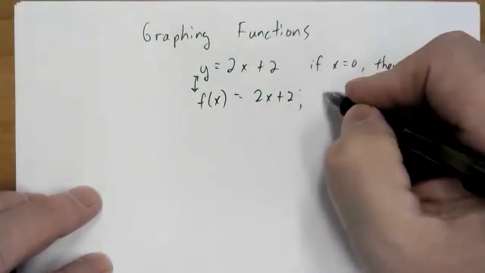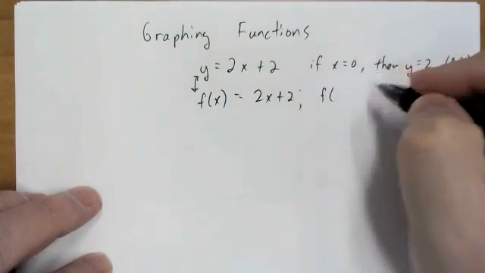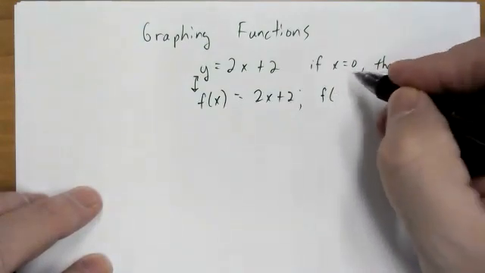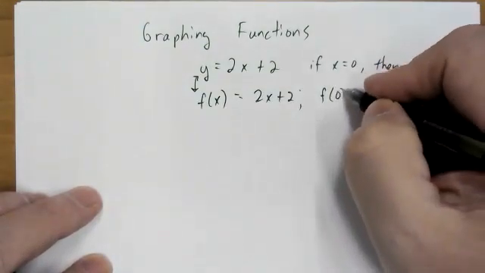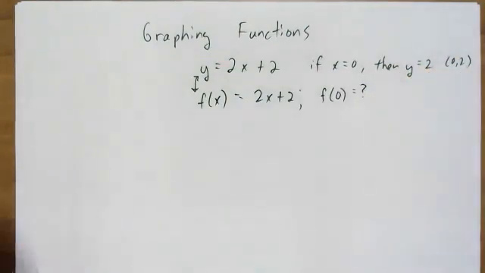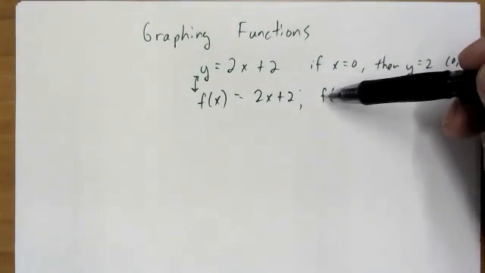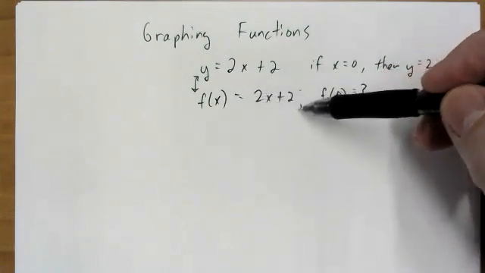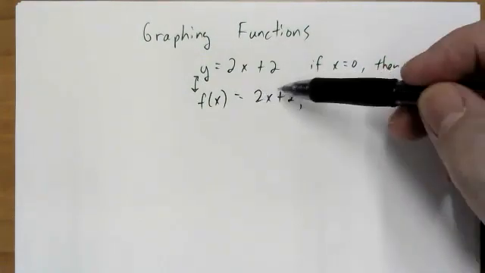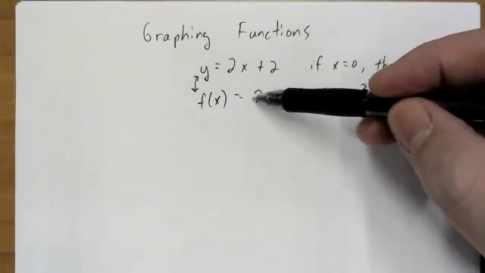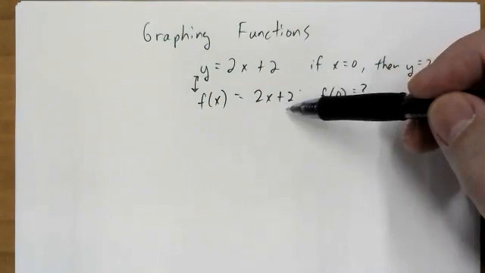With function notation, if you remember, if I want to set x equals 0, I simply say f of 0 equals what? What function notation says is that you can think of this equation as the function f of x, or think of this as the f function.